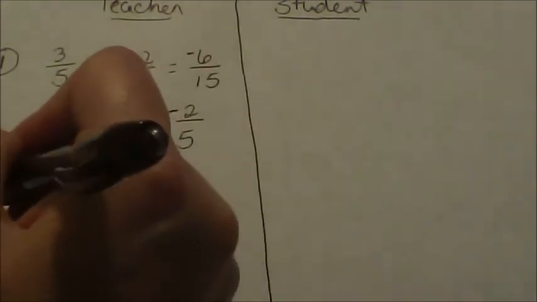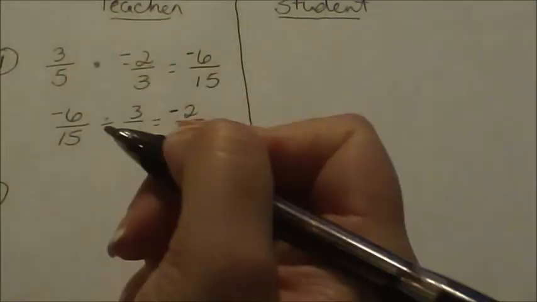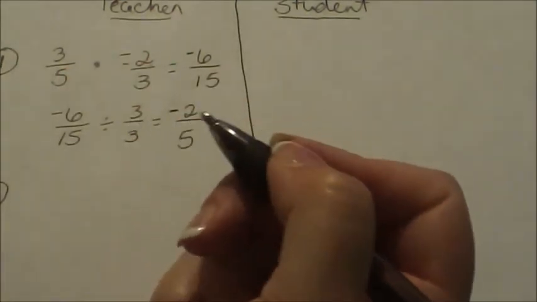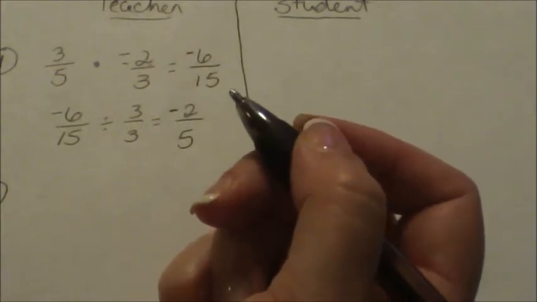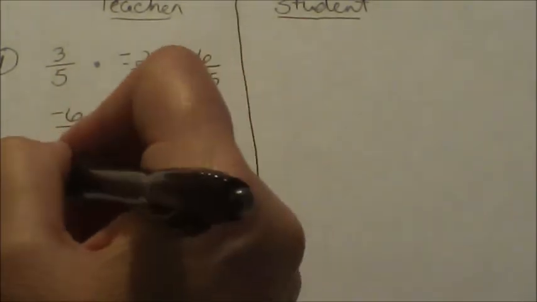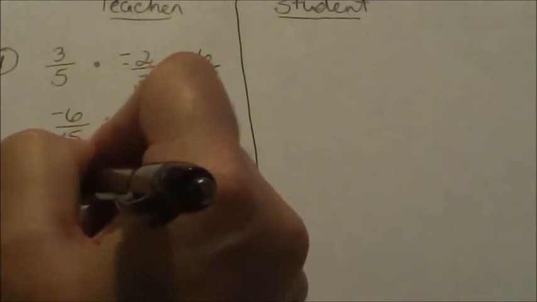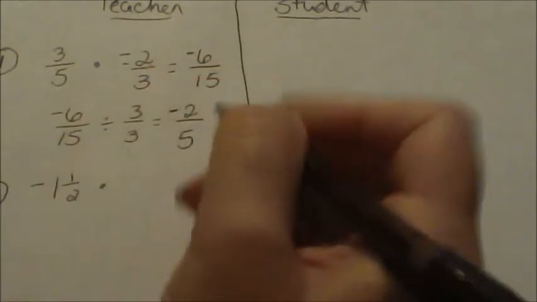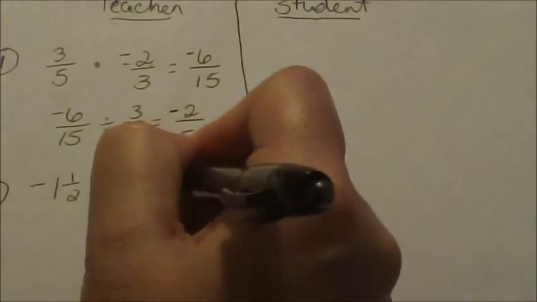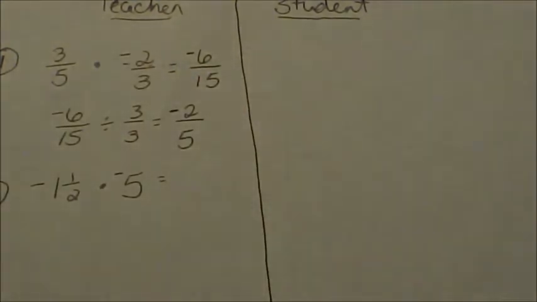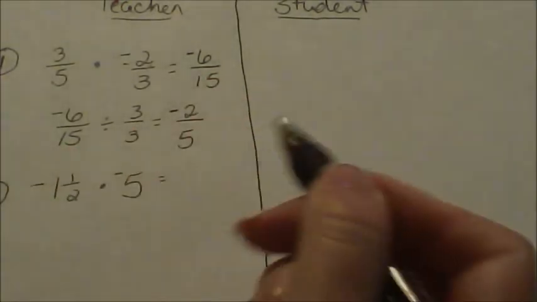Okay, let's do another one. Let's do one where we have to pay attention to steps 1 through 3, where we have to get the numbers into fraction form. Let's say I have negative 1 1/2 times 5. Let's make it negative 5. Okay, step number 1 says that your numbers have to be in fraction form. These numbers are not in fraction form, so I've got to change them.